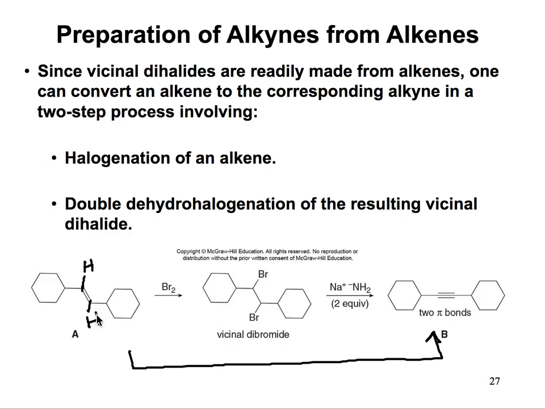So the way that we go around it is, first we take the double bond, we add the two Brs, and they are in a vicinal situation. And once we have the two Brs that are my leaving groups, then I can do that double elimination. And by that double elimination, I can get the two pi bonds that give me the alkyne that I'm looking for.